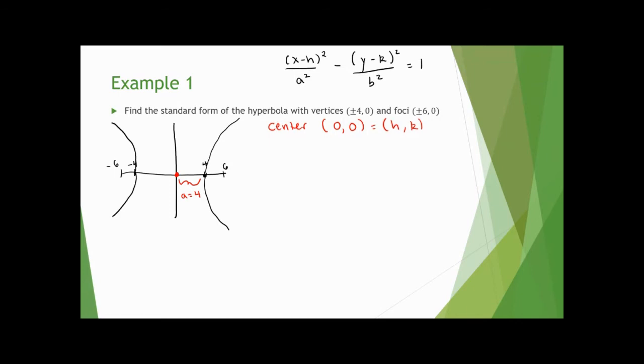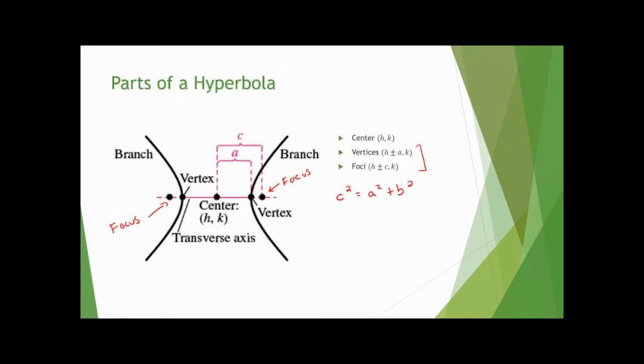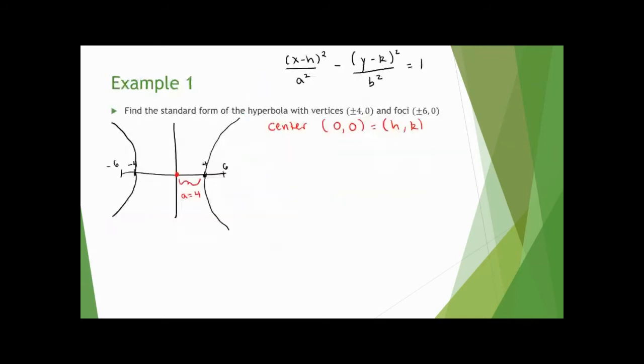And if I go back to my picture here, c is the distance from the center to one of the foci. So if I use that definition, that means the distance from 0 to 6. So once you have a and c, then you can use the relationship that c squared is equal to a squared plus b squared.